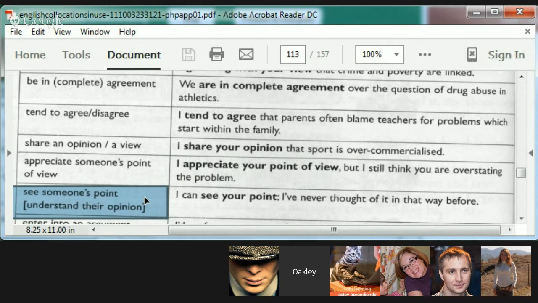I see your point. Anything else, Sasha? Okay, I can say, probably, I understand your point of view, but. I understand your point. I see your point. I get your point. Yeah, I got the point.